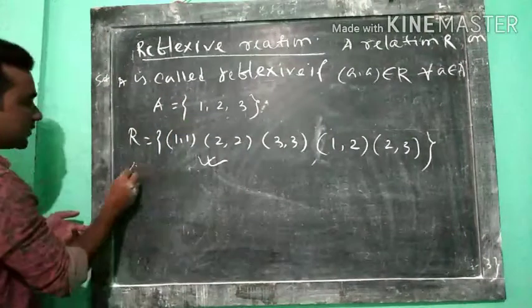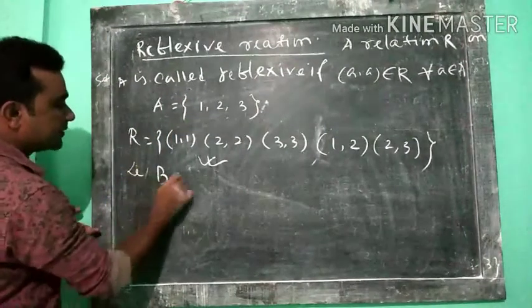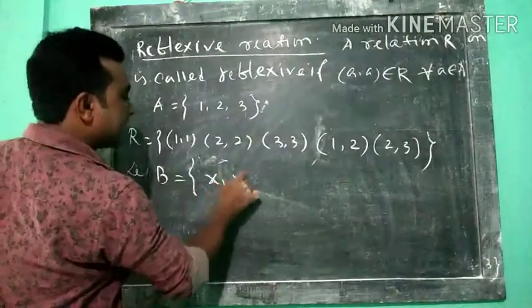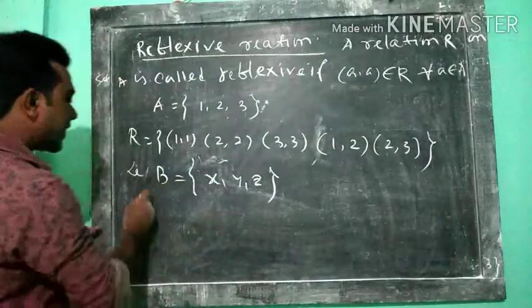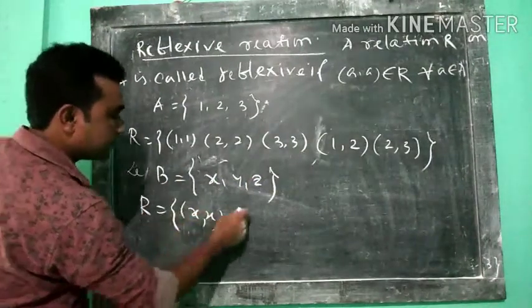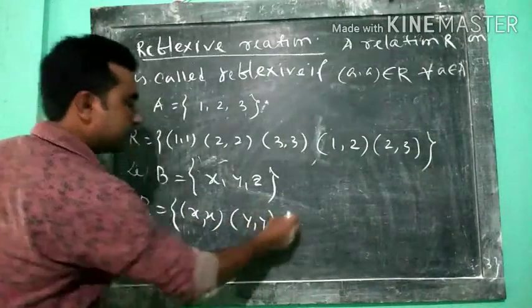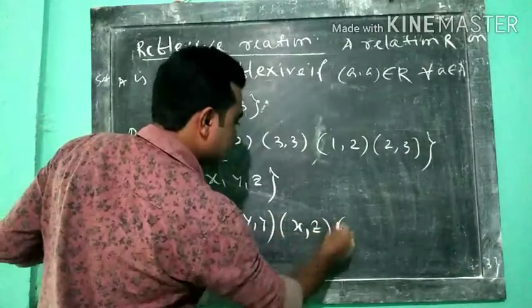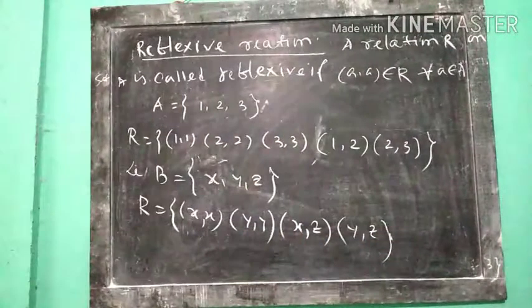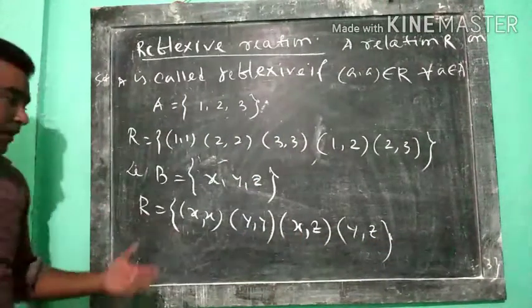Another example: let B be a set. The elements of B are x, y, z. Suppose R is given as (x, x), (y, y), (x, z), (y, z). Is it reflexive or not?